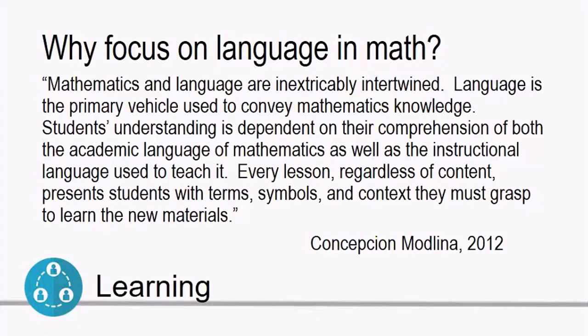A lot of times what we try to do in our classrooms is strip the language out and just leave the numbers so that they can continue to be successful in the mathematics. But what we lose when we do that is understanding.